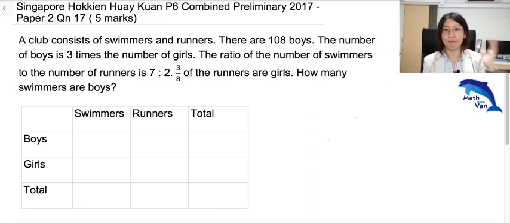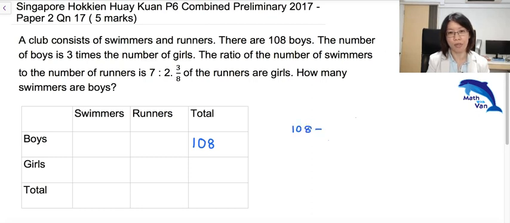Clear? So 108 boys, where can I fill it in? Easy, right? It should be here. Let's continue to analyze the next sentence. The number of boys is 3 times the number of girls. So it means that the number of girls is actually 1/3 of the boys.